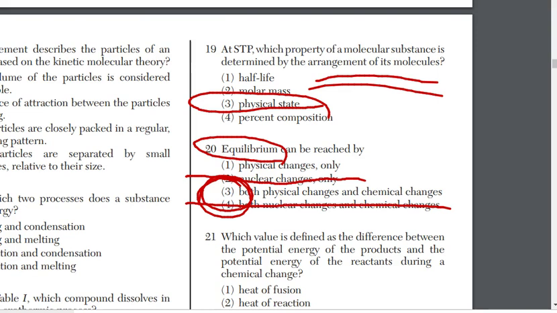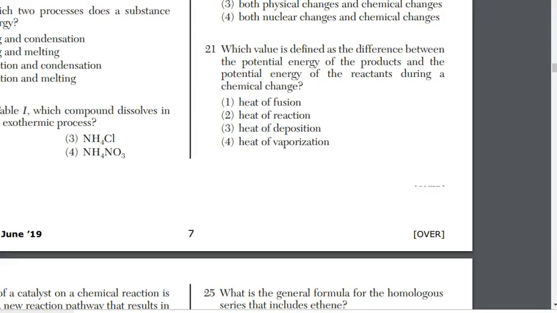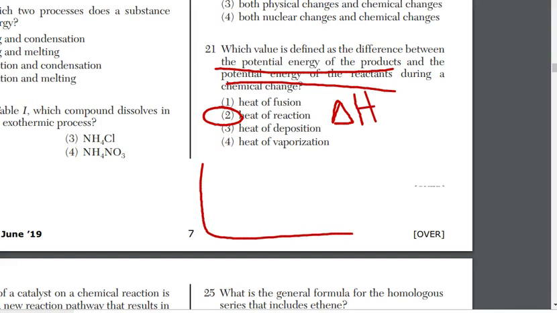Let's move on to 21. All right, so for 21, it says which value is defined as the difference between the potential energy of the products and potential energy of the reactants. Well, this, folks, is the definition for heat of reaction. Heat of reaction, symbol delta H. On a potential energy diagram, if you remember, first of all, for potential energy diagrams, divide it up into thirds.